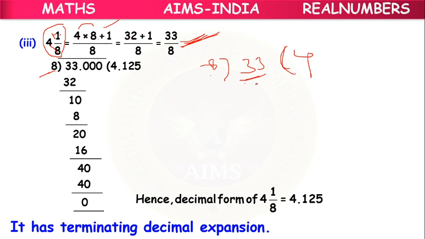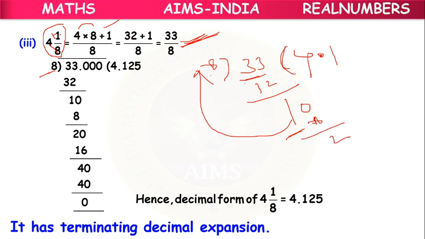8 4 times 32. Now 1. Now this 1 is less than 8. So now we have to take the point and we can keep 1 0 here. So 8 1 times 8. 2 is remaining. Already we kept a decimal point here. So we can take 0. 8 2 times 16. 4 is remaining.